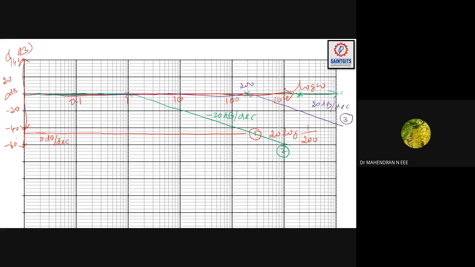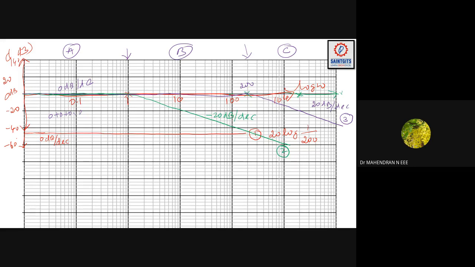Up to this is portion A, up to this portion B, and after this portion C. At portion A you find the change in slope: this is 0 dB per decade and this is also 0 dB per decade, so combining 0 plus 0 plus 0 equals 0 dB. Am I right? So up to this you will get the same line.